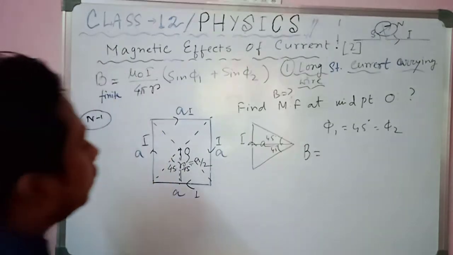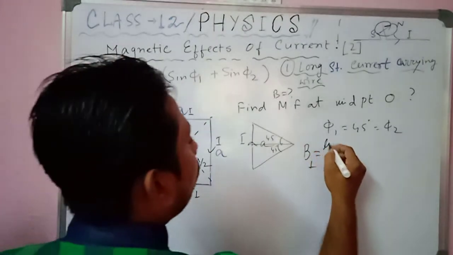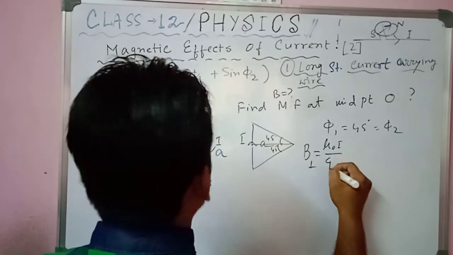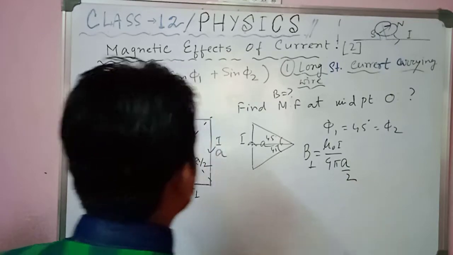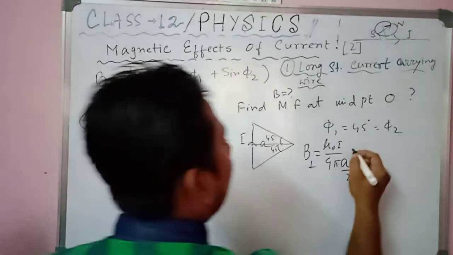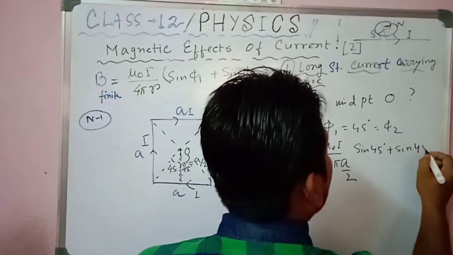So B for a single wire will be mu naught I by 4 pi, in place of r you write a by 2, and then sine 45 plus sine 45.